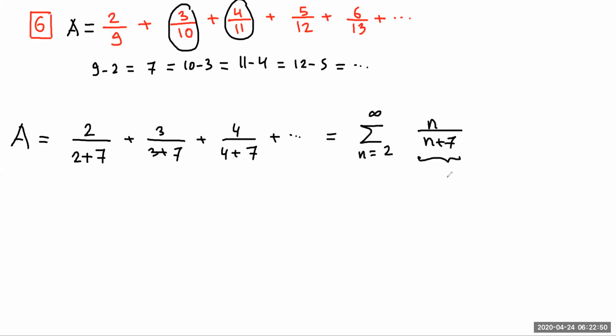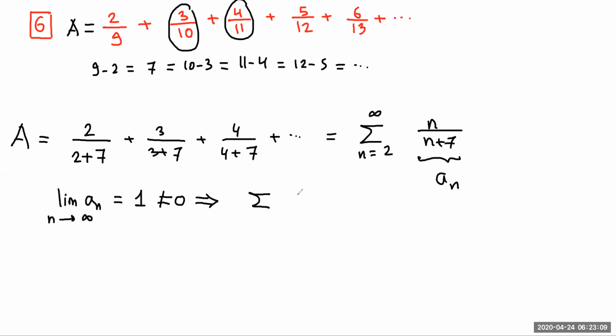So if I call this term an, what is the limit of an when n goes to infinity? The answer is 1. This answer is not equal to 0, so this series diverges.